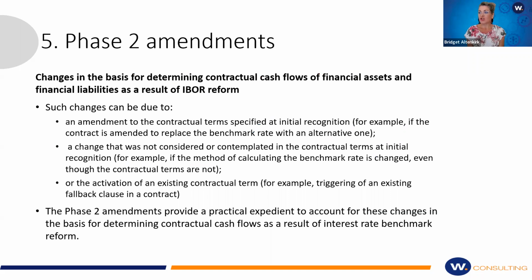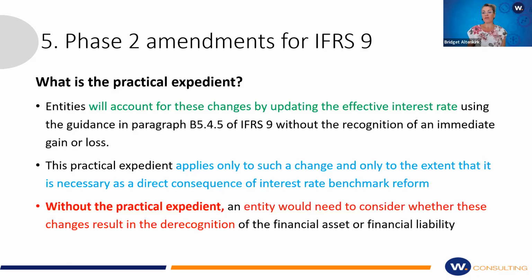So as I said, where there have been changes in these IBOR rates, the preparers are being given some practical expedience or some relief where they could be exempt from having to apply the normal requirements of those standards, which would typically be required should something such as the discount rate or the interest rate between parties change. But this is only available to a preparer provided that this is the only thing that has changed.